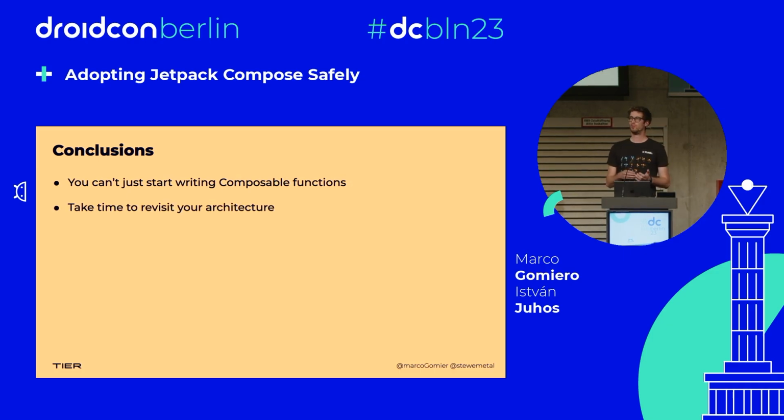So what in general we can suggest is to take your time to check that your architecture is working well with Compose, because going to Compose is a complete shift of mindset, going from imperative style to declarative style. So the architecture must also be ready for that mental switch.